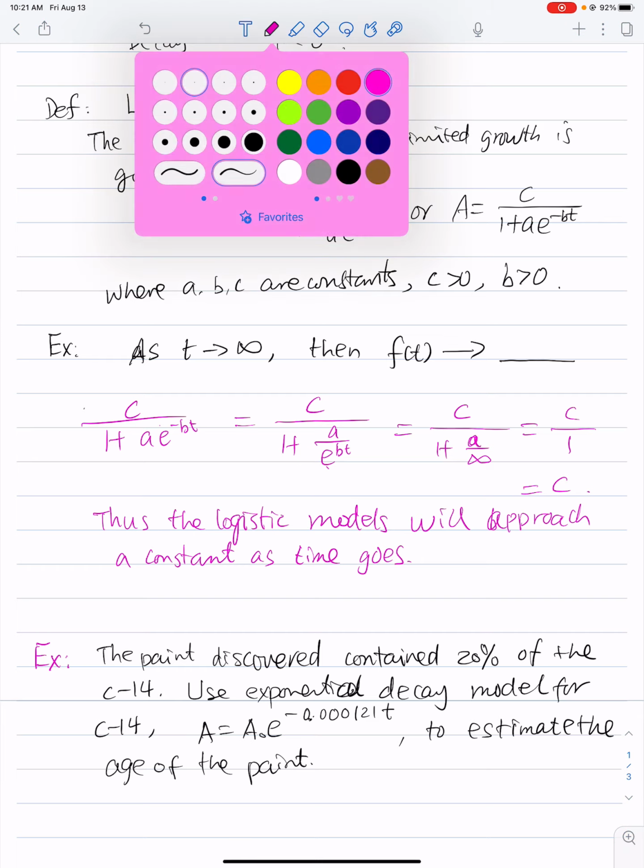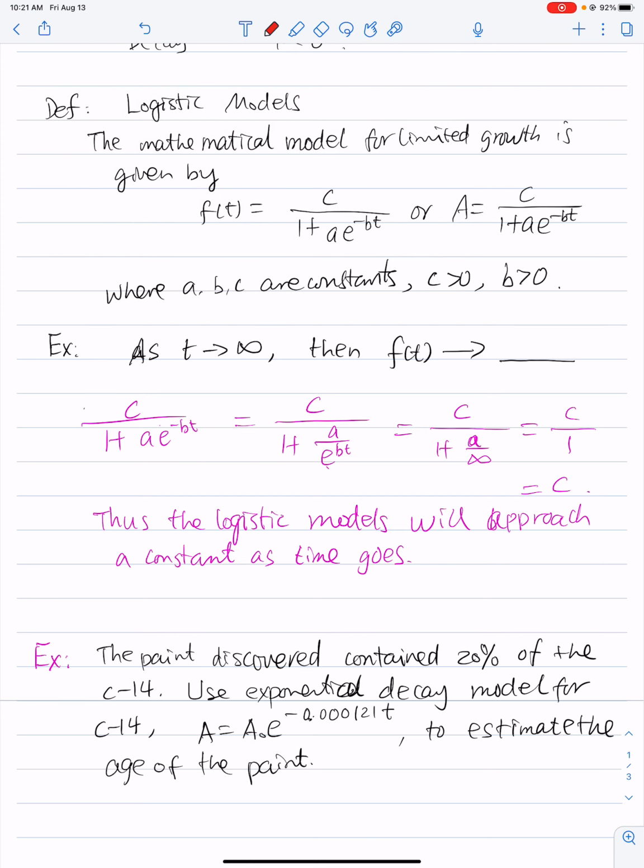When t goes to infinity, this part goes to infinity, and any number over a very, very big number goes to 0. So this will be c divided by 1, which is c. This is why the picture of the logistic model is: you start with something, you increase very quickly, and then it goes flat.